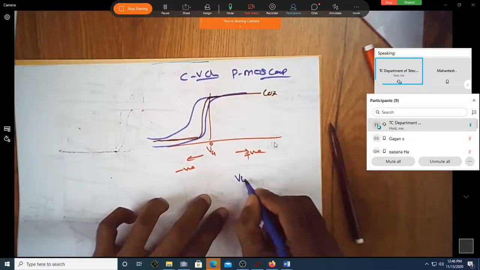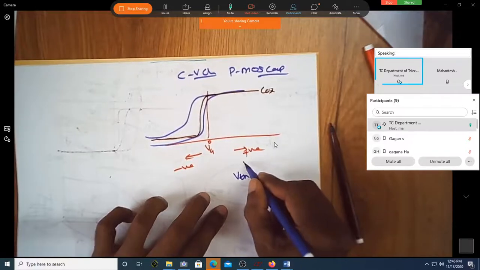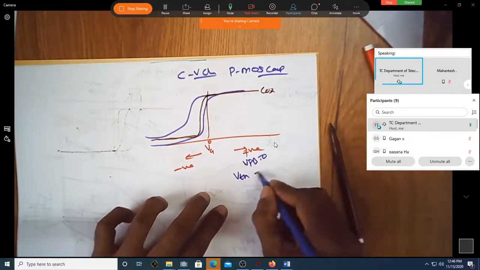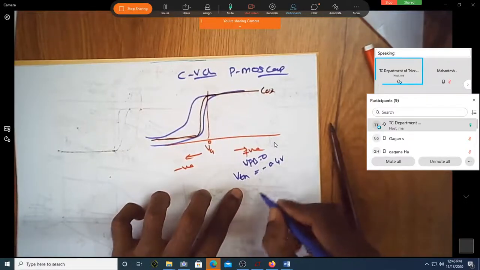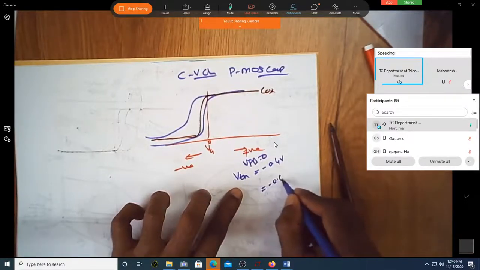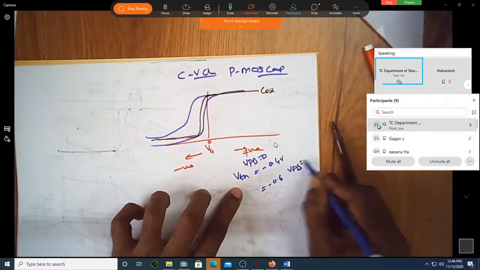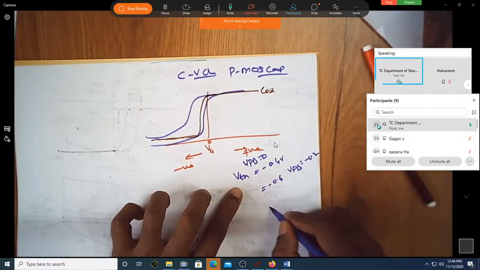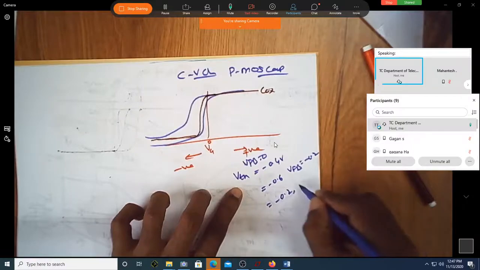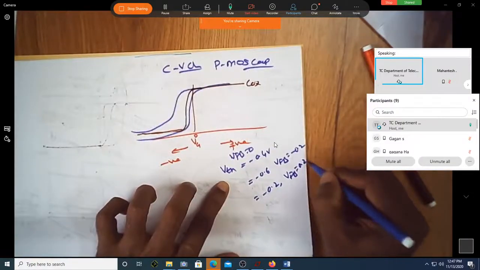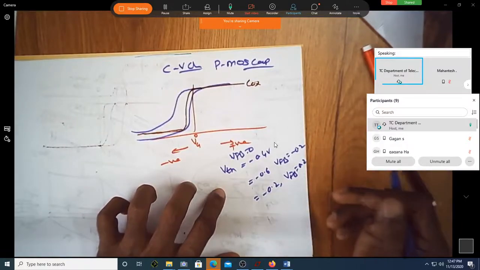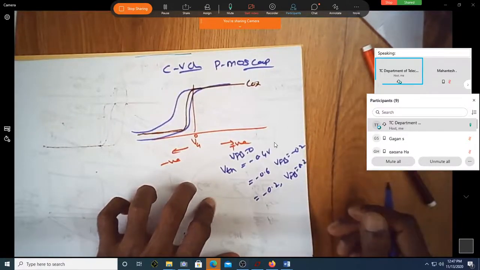Suppose your VTH with VFB equal to 0 is minus 0.4 volt. If VFB is negative, then you may end up with minus 0.6 with VFB as minus 0.2. It may be minus 0.2 if VFB is equal to 0.2. So this minus 0.2 and 0.2 volts are the work function difference between metal and the semiconductor.